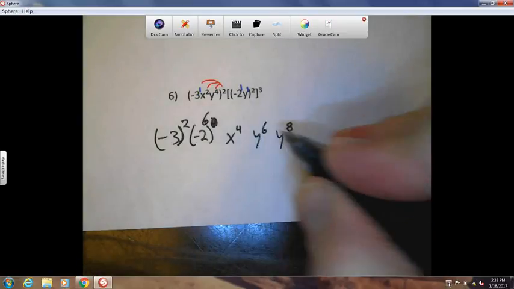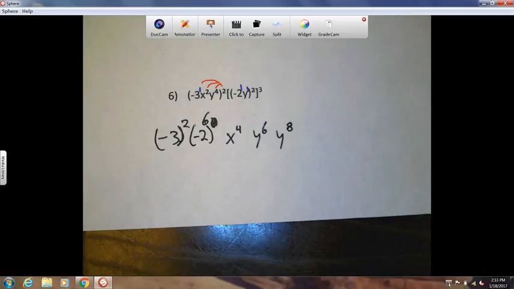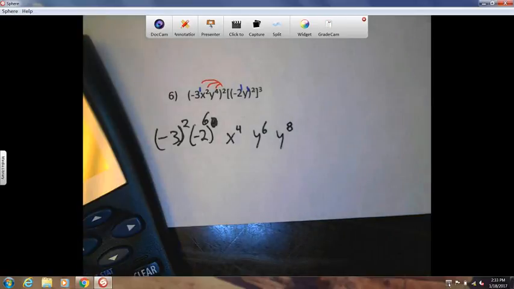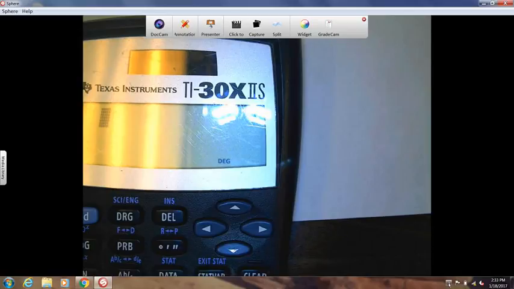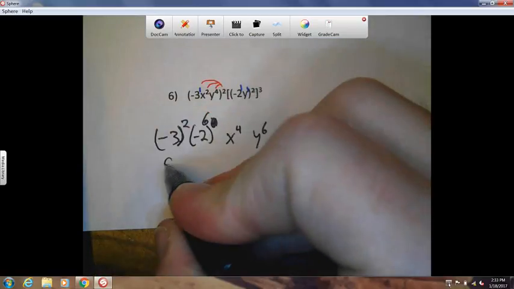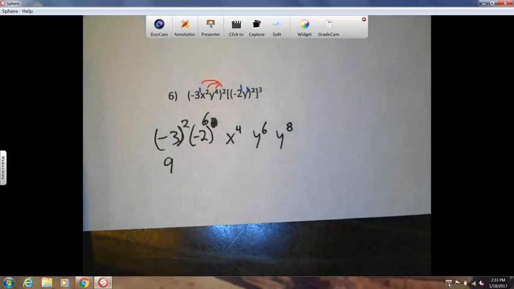Okay, so the next thing you can do is you can solve this. So I need to simplify my coefficients. So if you need help here, 3 to the second power is 9. And negative 2 to the sixth power is 64.